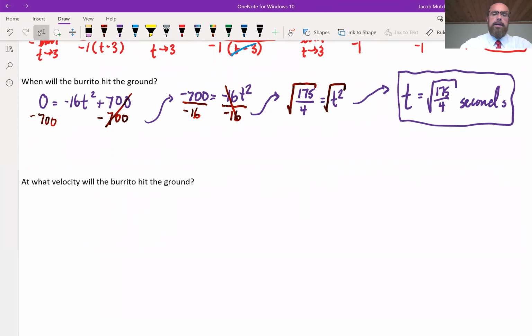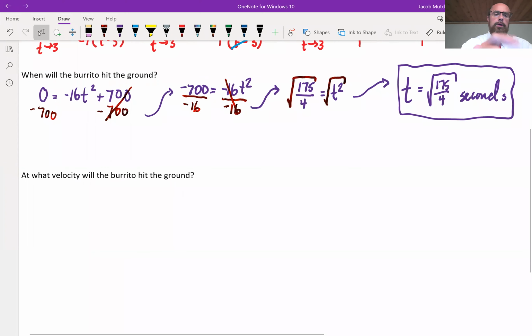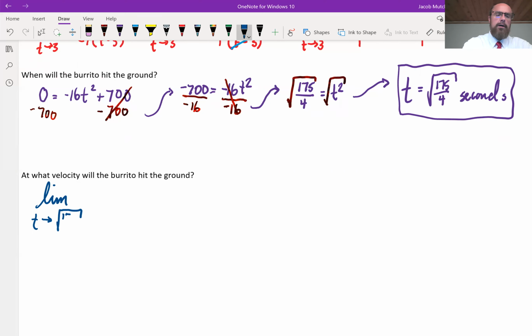So let's rewrite that again. We're going to use the limiting process of the position function. So again, I'll write the limit as time approaches, in this case, the square root of 175 over 4, since that's the amount of time it'll take for the burrito to hit the ground.